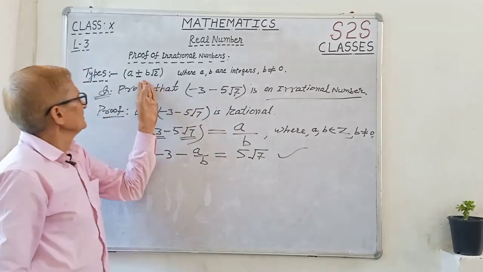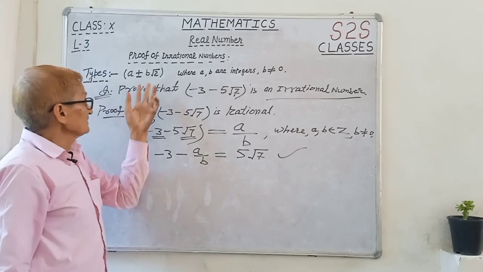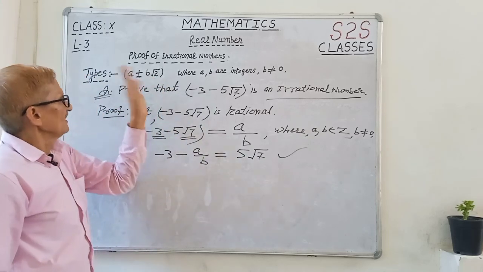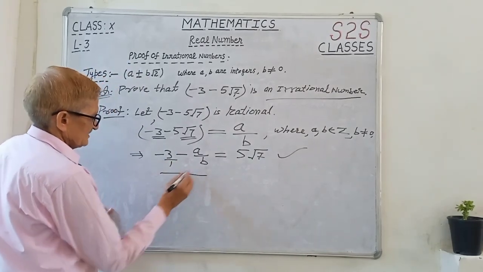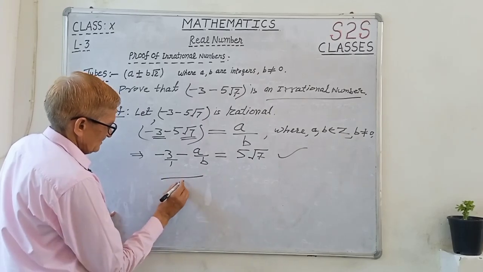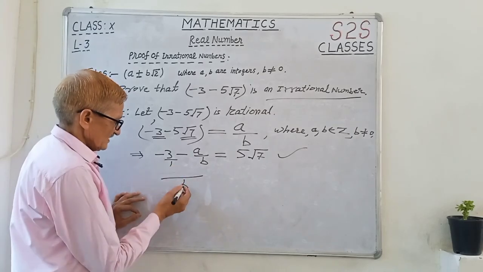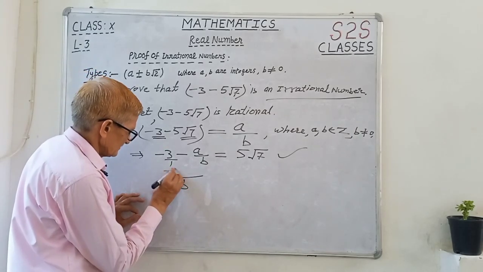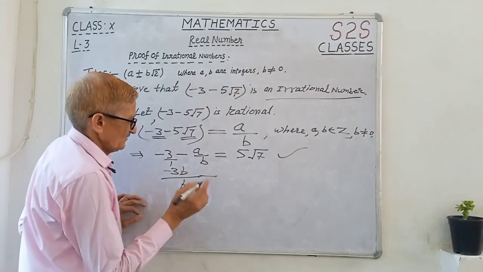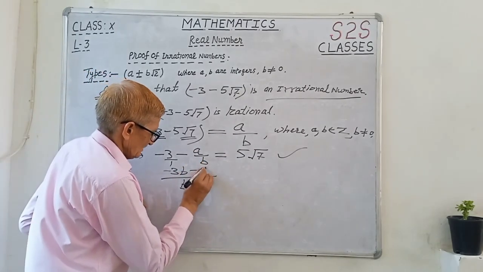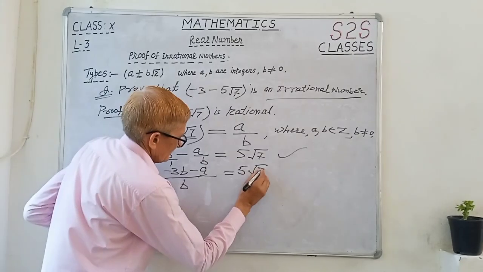Always, for a number like a plus or minus b root n, take the irrational part on one side and all other parts on the other side. So simplify here. LCM of b and 1 is b. Now 1 divided by b into minus 3b. After that, b divided by b, 1 into a, minus a, is equal to 5 root 7.